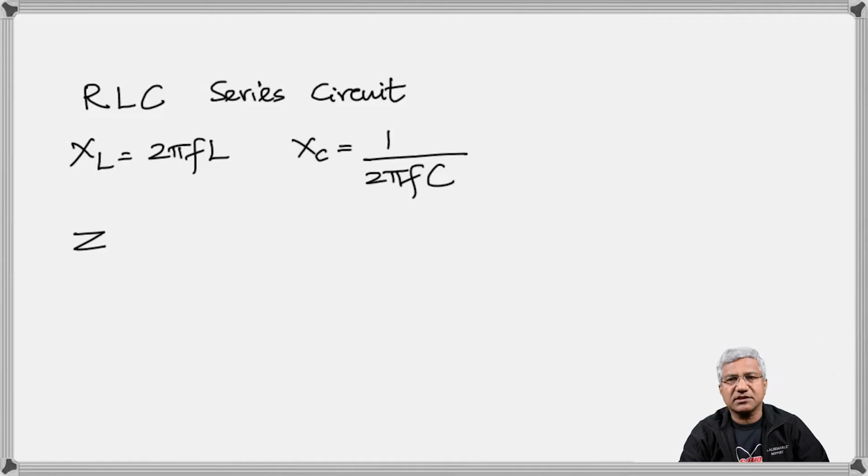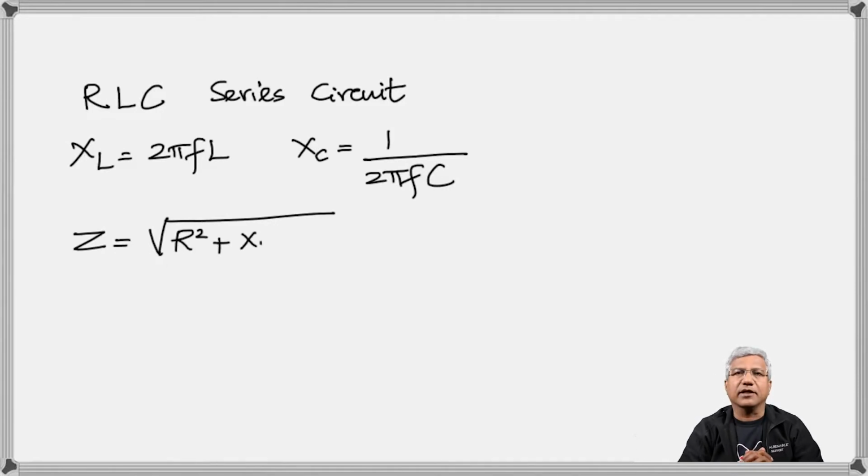The impedance, represented by the letter Z, which is also in ohms, is given by square root R squared plus XL minus XC whole squared. Okay, so be careful with those calculations. Square root of R squared plus XL minus XC whole squared.